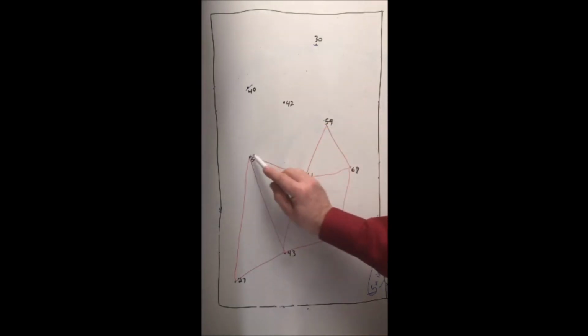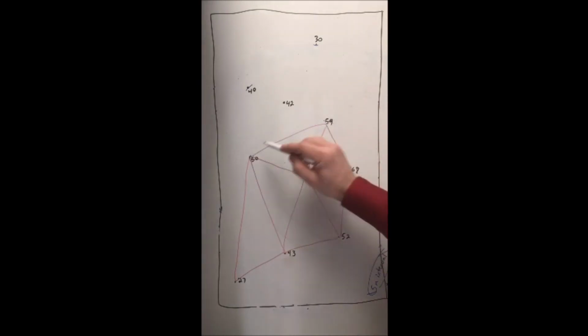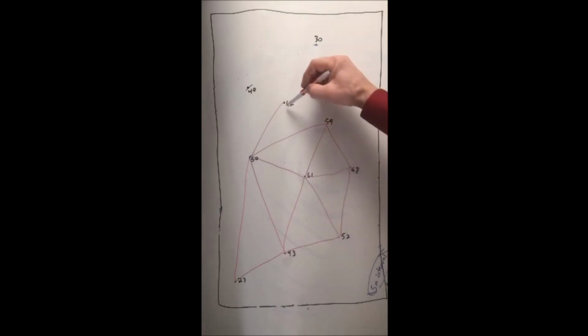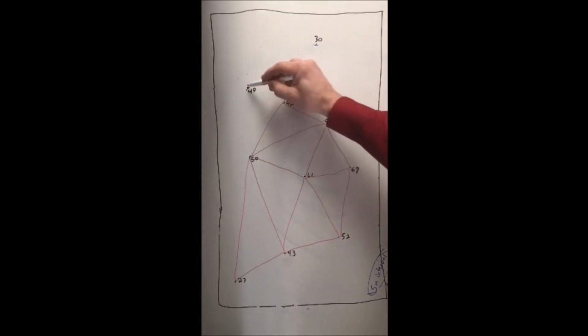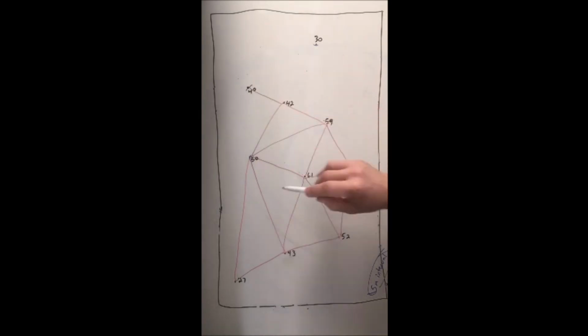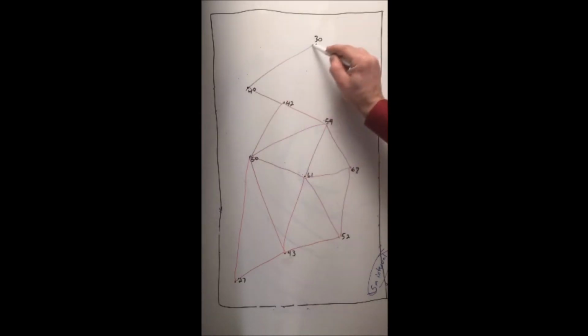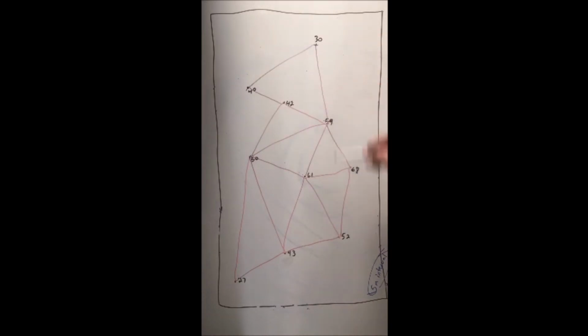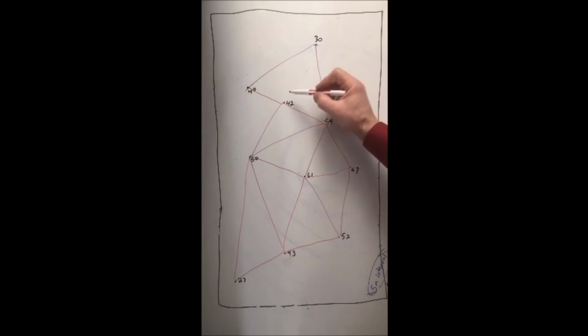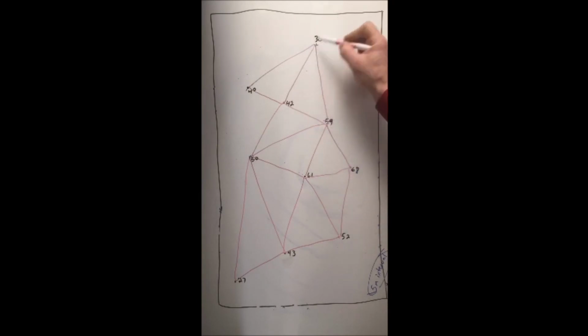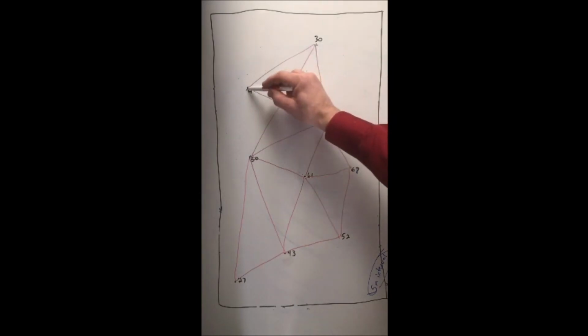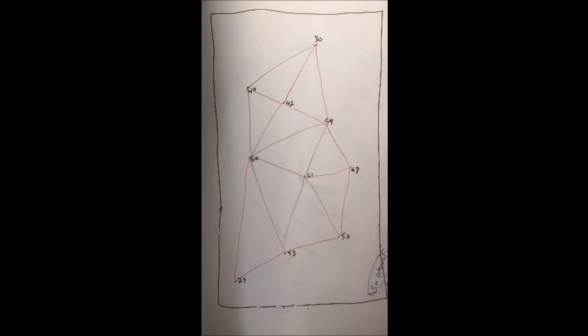We want to try to create as many triangles as we can. So going like this creates a triangle, but we can increase the number by connecting right there. Basically anything in line with it, another point, is going to get a triangle.